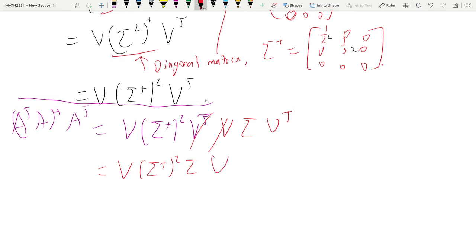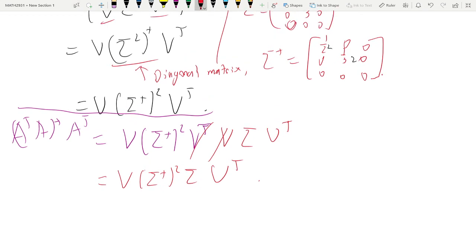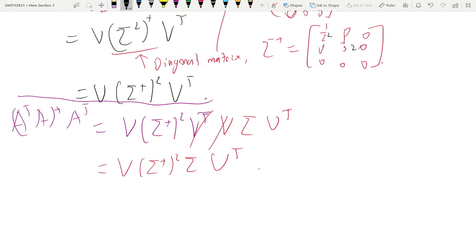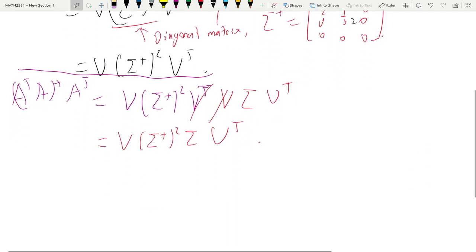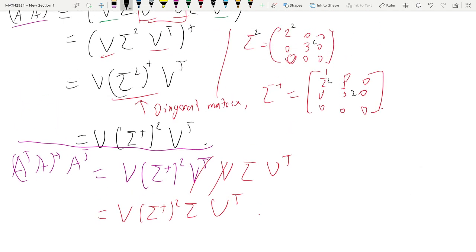Right? Now, since the pseudo inverse of a diagonal matrix is really just, well, essentially the inverse, you just take the reciprocal of the non-zero terms. If you were to imagine this sigma plus, it essentially cancels out because you just multiply diagonal terms. So if you look over here, if you did sigma plus, you would see that every term turns to be 1 because 2 times a half is 1, 3 times a third is 1, right?